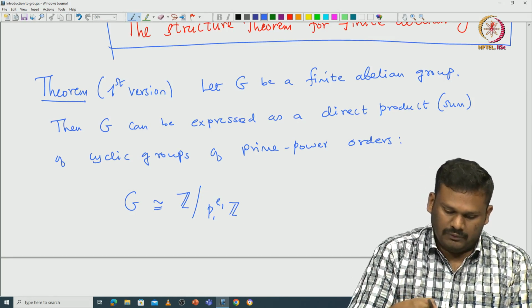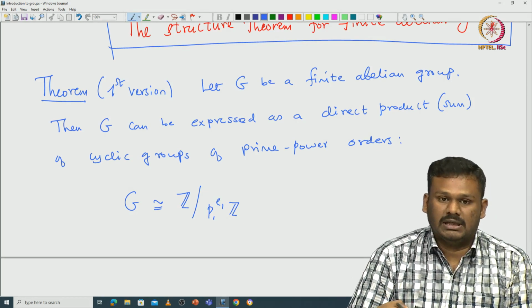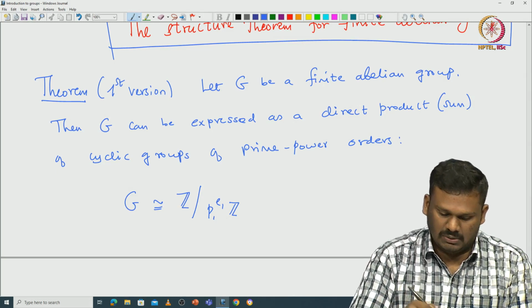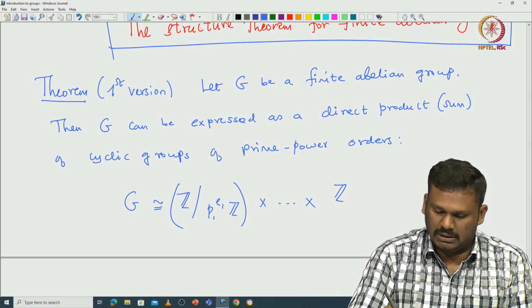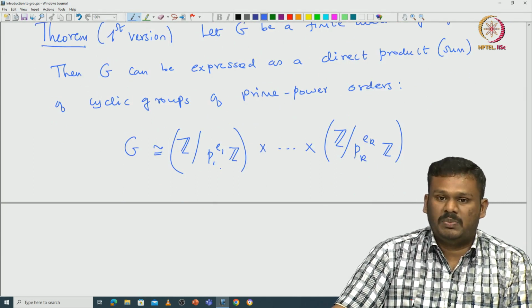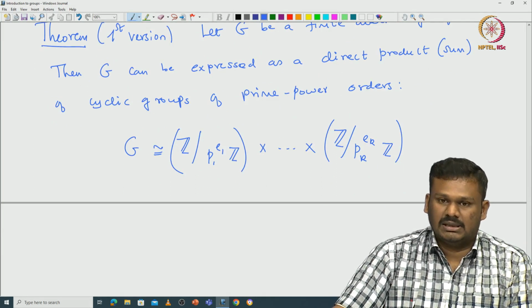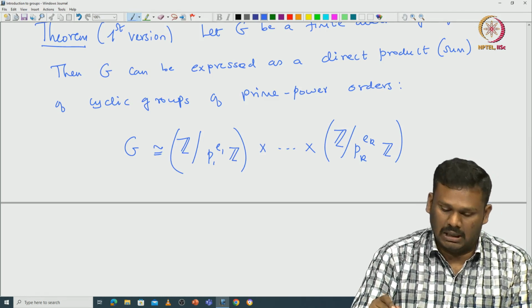So if you take a cyclic group that has some prime power order, that will look like Z modulo p to the alpha Z. So this is one group. Then direct product Z modulo pk to the ek Z. But note that here we do not assume these pi's are all necessarily distinct. So some repetition is allowed.